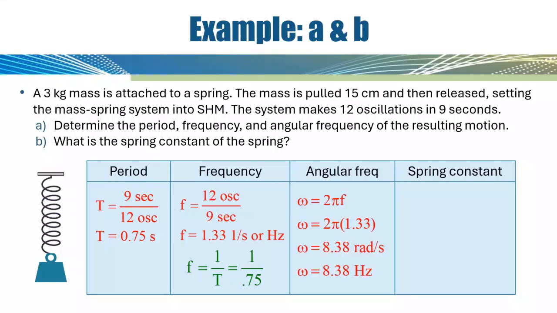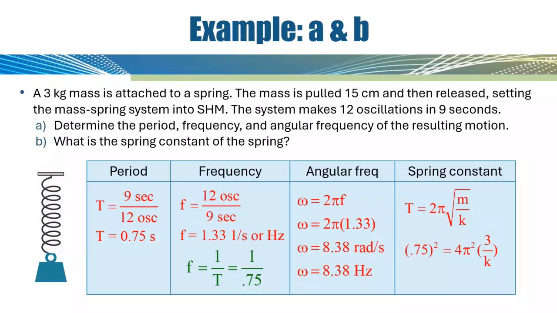Angular frequency means that I'm going to take my frequency and multiply it by 2 pi so that I turn it into radians per second. Because a radian is not a true unit, it turns out to be 1 over seconds, which means a radian per second is also equal to a hertz. So 8.38 hertz.